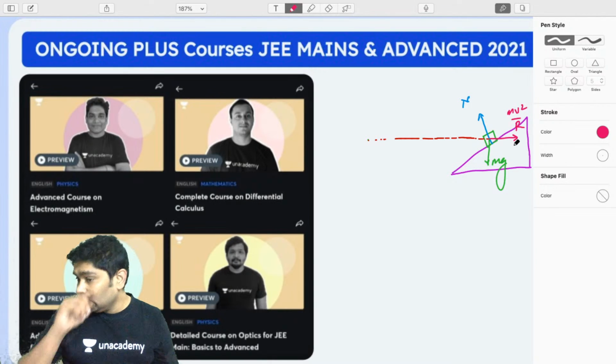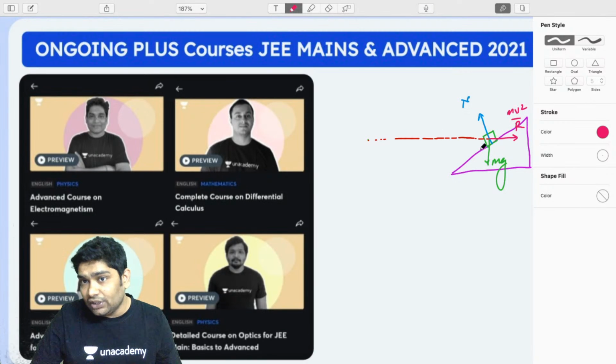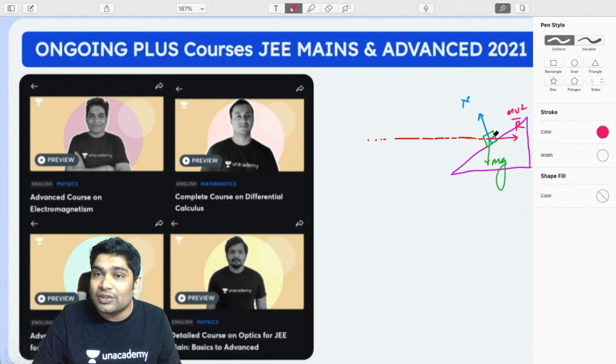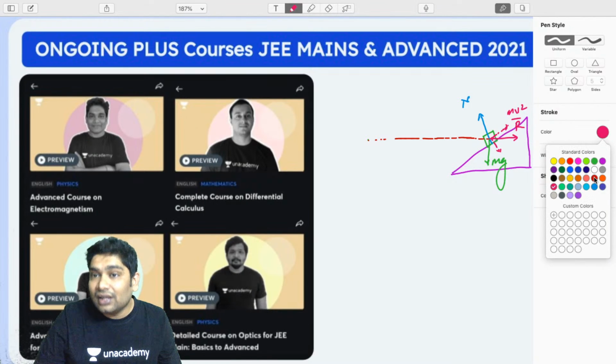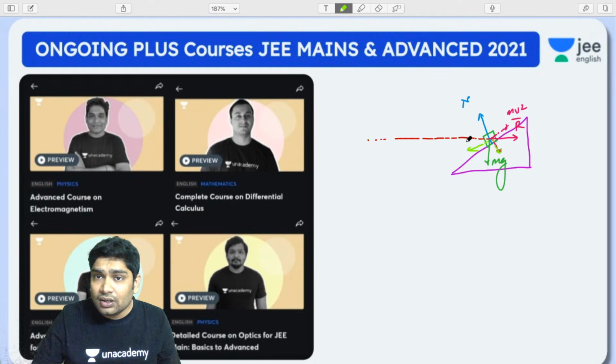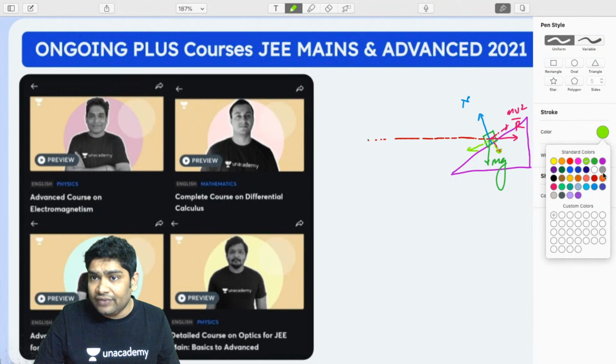Now if you resolve all these forces, assuming there was no friction, I will have 2 components, one along this and one along this. Now for lower speeds, it can happen that mg sine theta is greater than mv square by r. Do you agree?